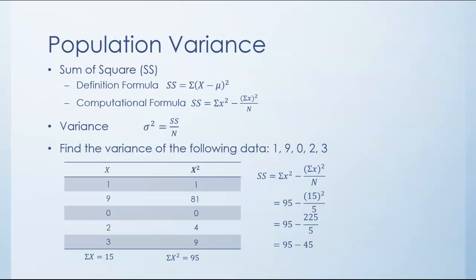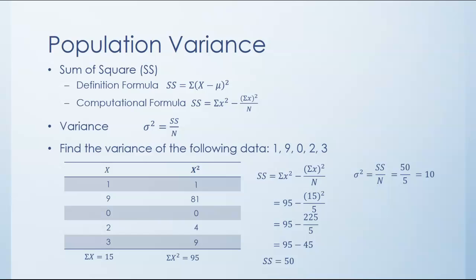So I get 95 minus 45. And lastly, I get that the sum of squares is 50. Now remember, this is not my variance, that's the sum of squares. So to find my variance, I do the sum of squares, which is 50, divided by my n, which is still 5. So 50 divided by 5, and we get that the variance is 10.